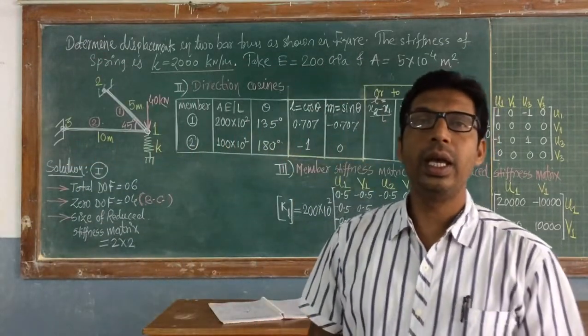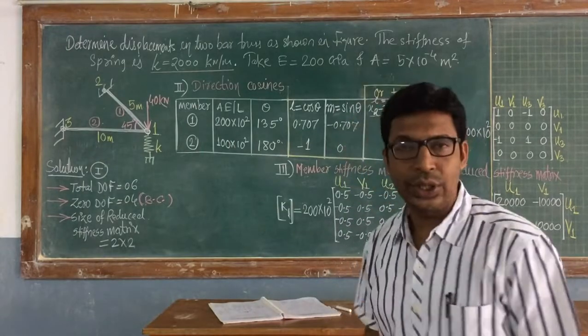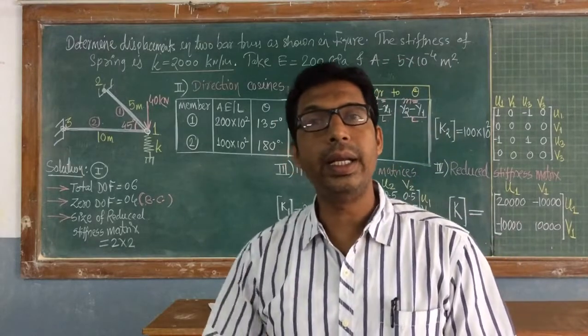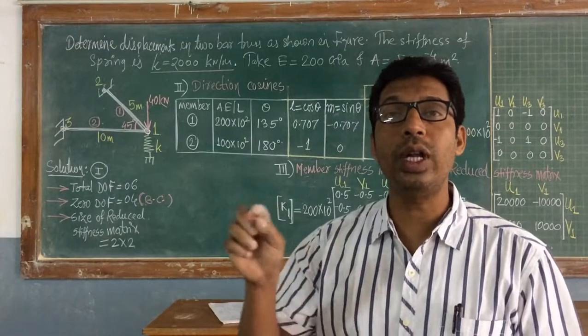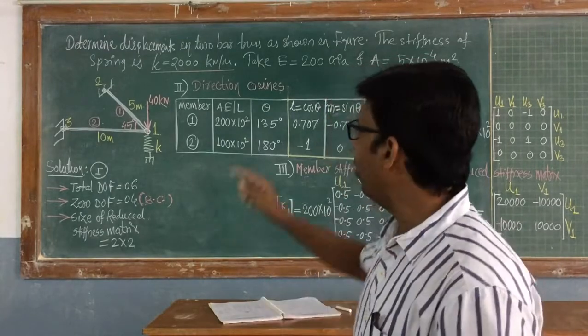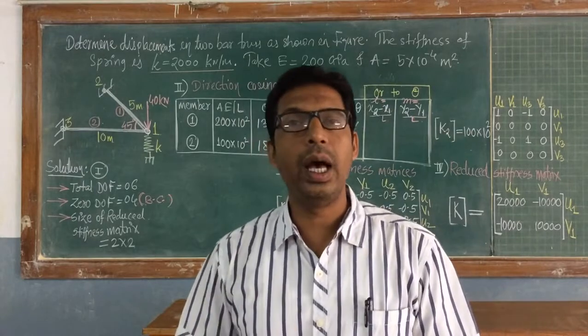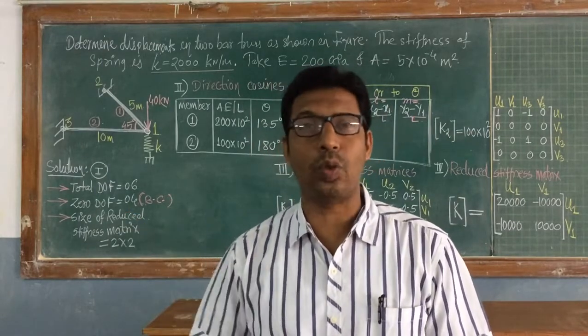GPa means kilonewton per mm square. So instead of converting other dimensions in mm, it is always better to convert E into kilonewton per meter square. When we calculate AE by L term, at that time we will convert E into kilonewton per meter square.